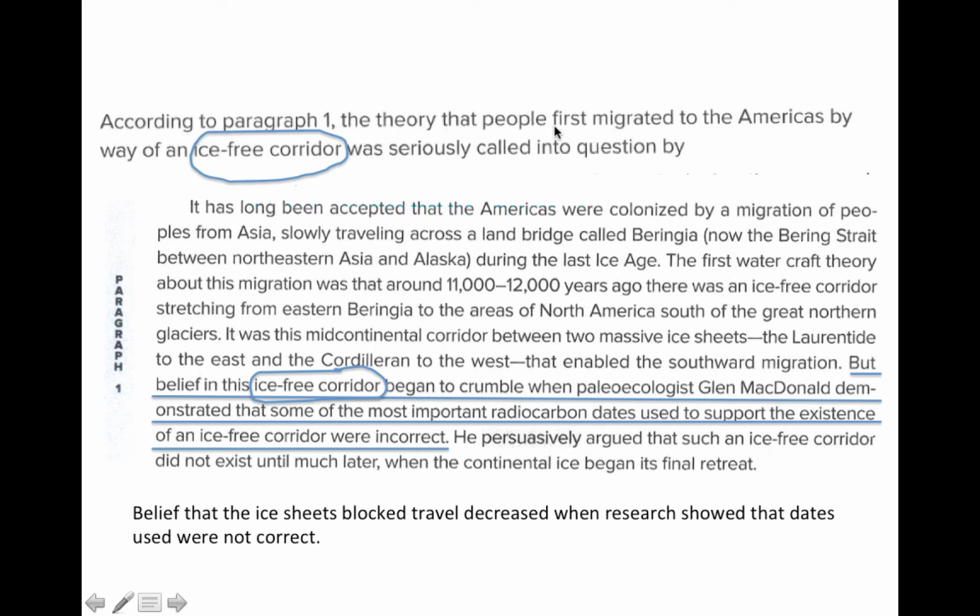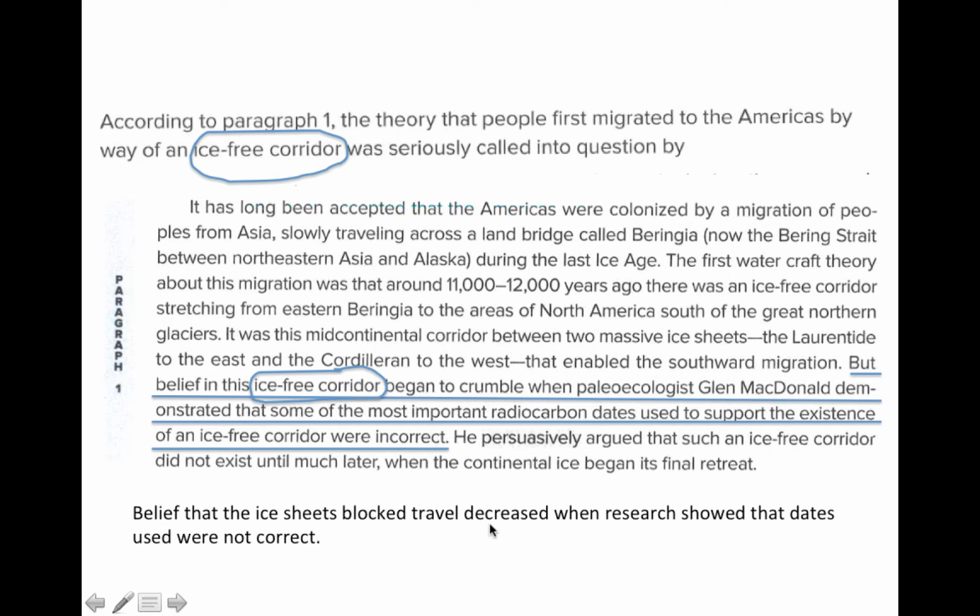This idea of called into question is related to began to crumble. So I'm looking at when did this happen? Well, it happened when this guy found that these dates, radiocarbon dates, were incorrect.